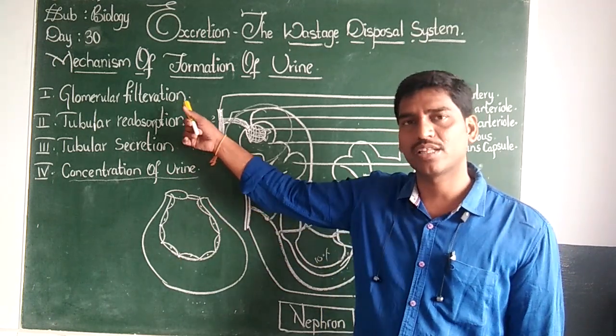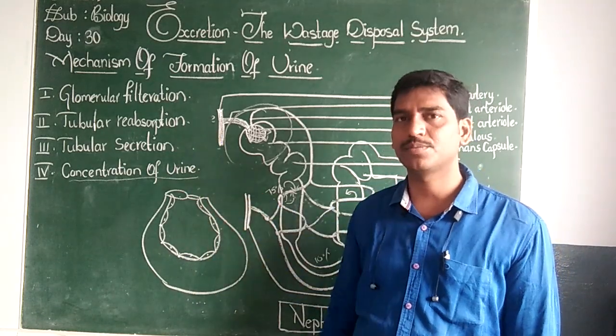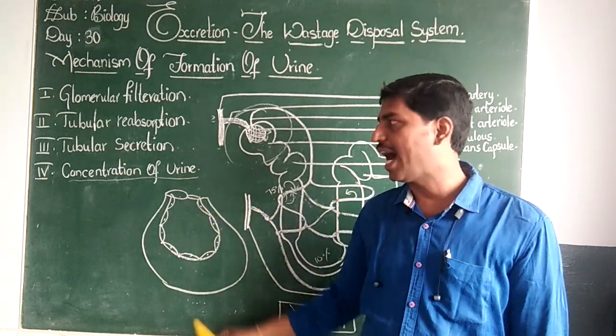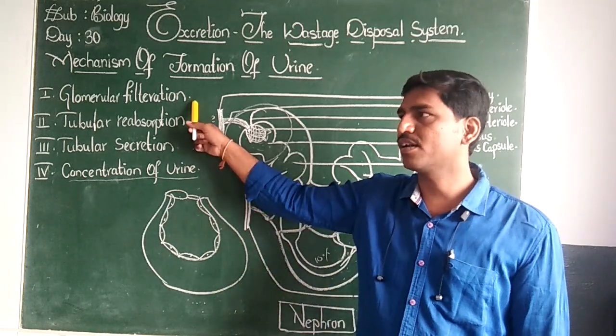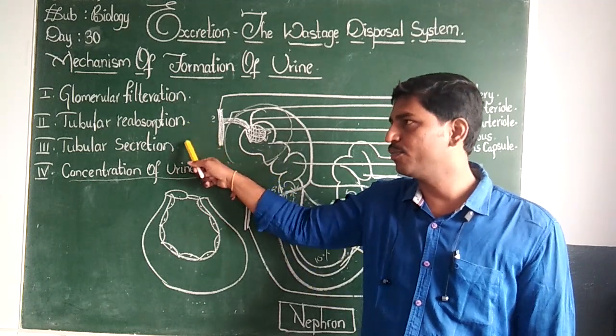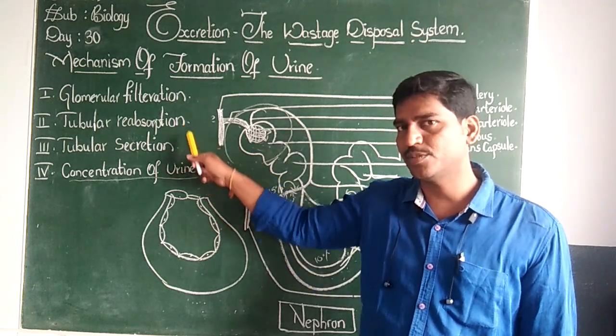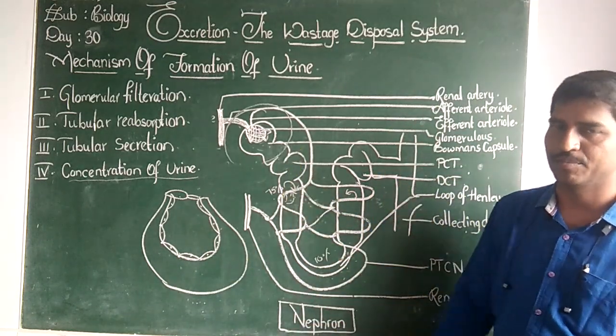What are the 4 steps? Glomerular filtration, tubular reabsorption, tubular secretion, and concentration of urine. Glomerular filtration takes place in the glomerulus, and the remaining steps, tubular reabsorption, tubular secretion and concentration of urine, take place in the renal tubule.